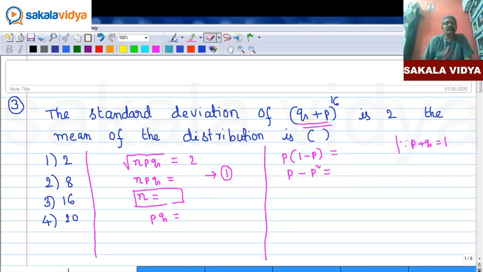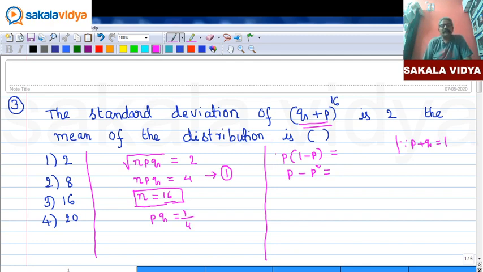Okay, let us do it now. So root of npq is equal to 4, n will be 16. Now pq is equal to how much will we be getting? 1 by 4.